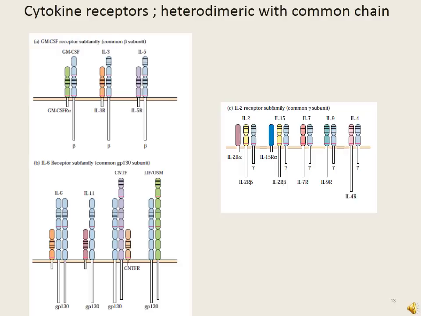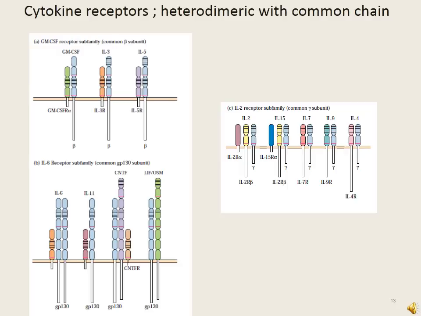Look at the first set, that is the receptor for GM-CSF, granulocyte monocyte colony stimulating factor, which is composed of the beta subunit, and you will see that the receptor for IL-3 is composed of the same beta subunit, the same as the receptor for IL-5, which is composed of the beta subunit as well.